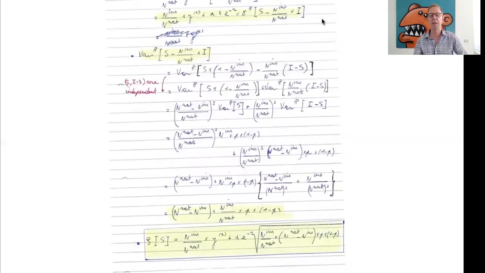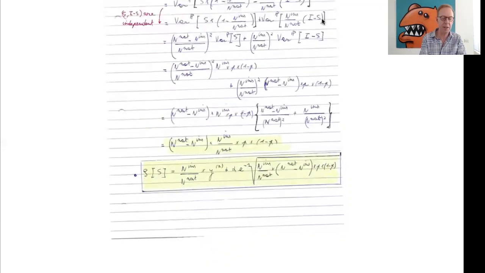Take your time to have a closer look at it, but in the end you can prove that the variance of this hedging error is equal to N national minus N insured times N insured, divided by N national, multiplied by p multiplied by 1 minus p. If we plug all this information into the formula, we find indeed that rho of S is the formula that we had to find.